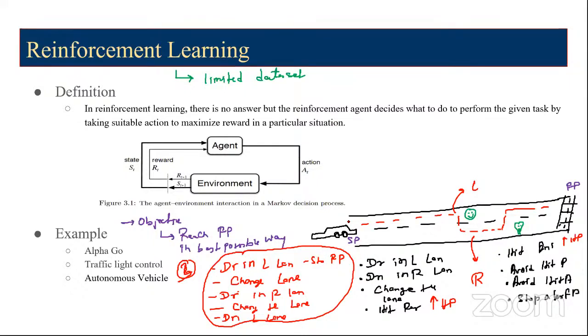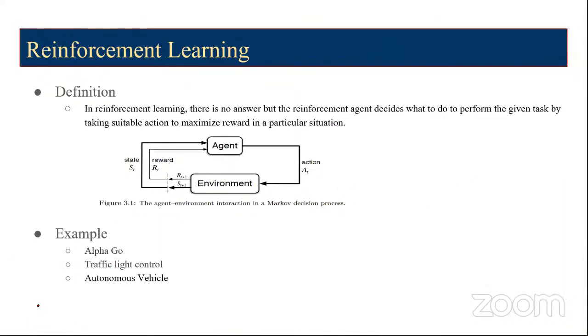After multiple iterations of training, your model will end up selecting a set of actions with maximum reward and minimum penalty. That is what reinforcement learning is all about. Is this clear, everyone? Guys, a quick yes or no?